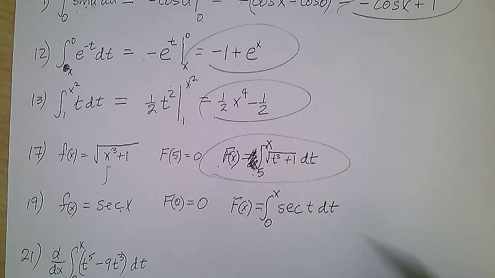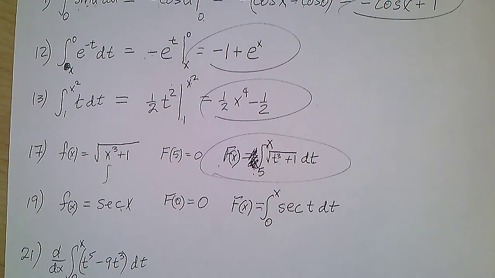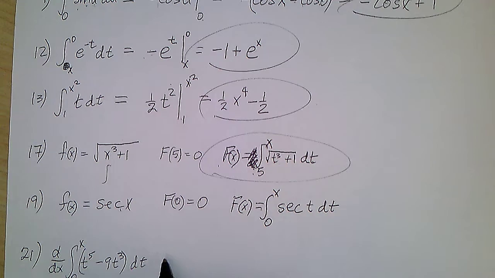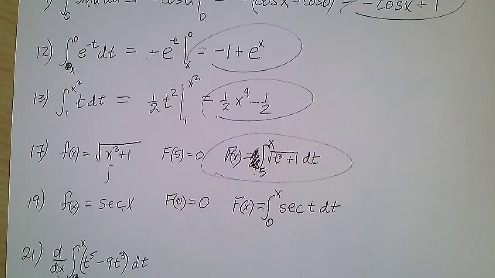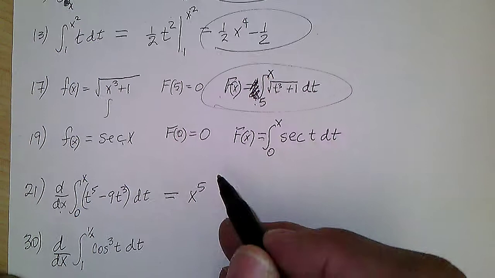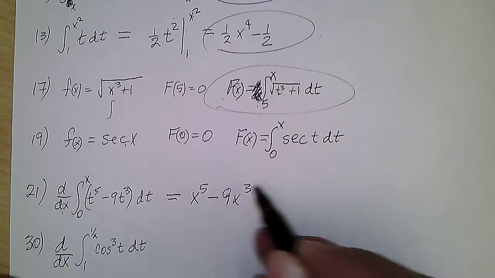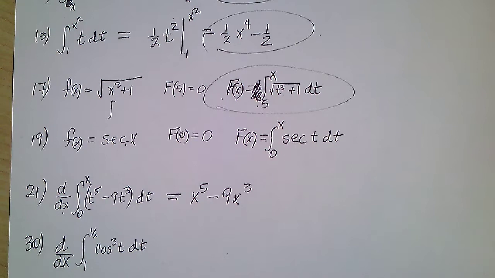So that's what that's going to be. Okay, now here we got the derivative of the integral, so that means I just put x in place of the t's. And so that's x to the 5th minus 9x to the 3rd. Okay?